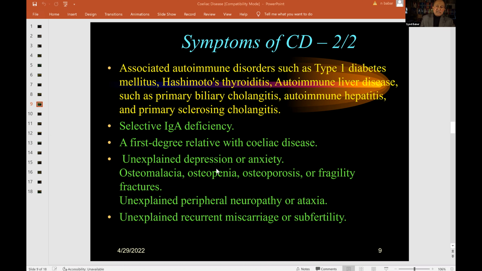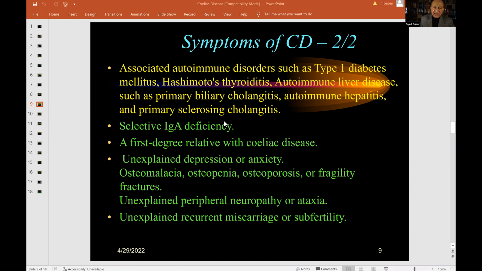There could also be immune disorders such as type 1 diabetes, Hashimoto's thyroiditis, autoimmune liver disease, such as primary biliary cholangitis and autoimmune hepatitis, or sclerosing cholangitis. So these, if present, would become worse with celiac disease becoming active.